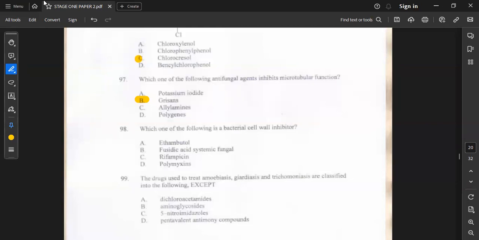They are used in dermatomycosis, specifically onychomycosis. Yeah, nice, for fungal infections of the fingernails, and dermatomycosis, especially onychomycosis.